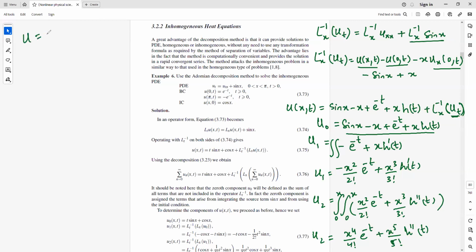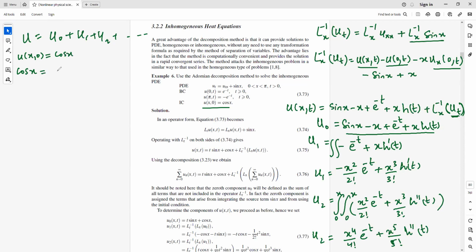Now, if we need to combine all these terms, we can just write the series expansion, but we know that this h(t) is unknown here, so we can use the initial condition. Therefore, u(x,0) is cosine of x. We are using the initial condition here to find h(t).